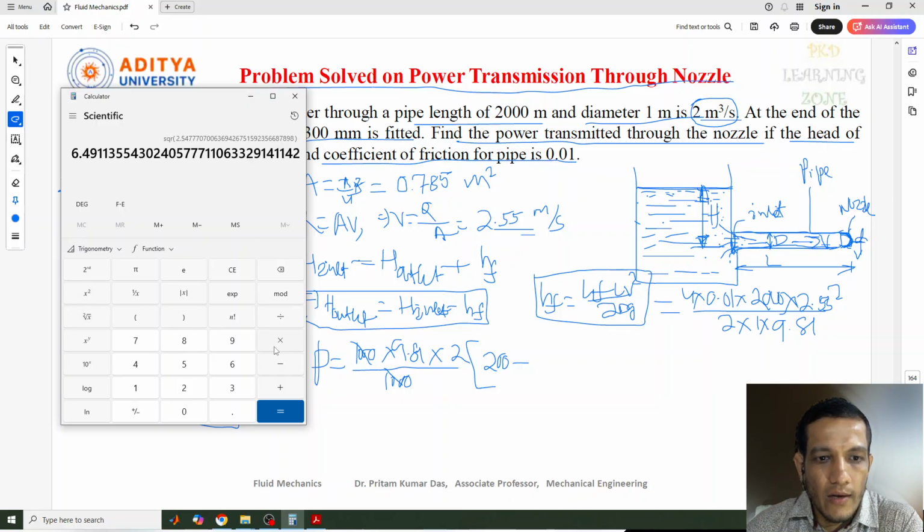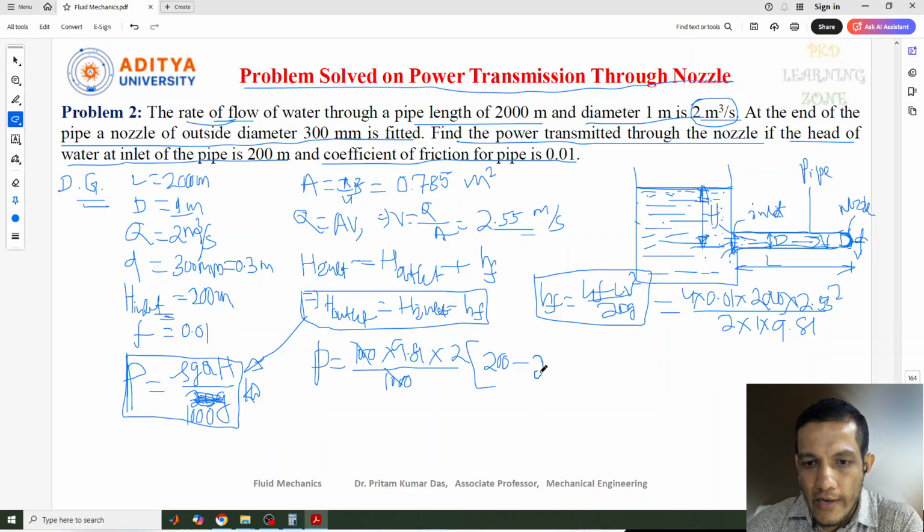This much square into 4 into 0.01 into 2000 equal to this much divided by bracket start 2 into 9.81 bracket close, equal to 26.46. So here also we got 26.46 meter loss of head.